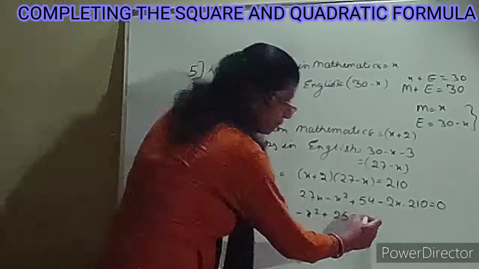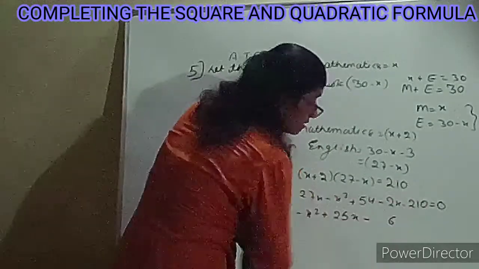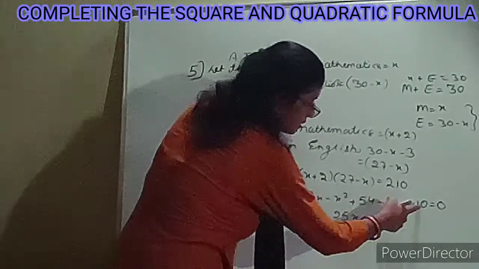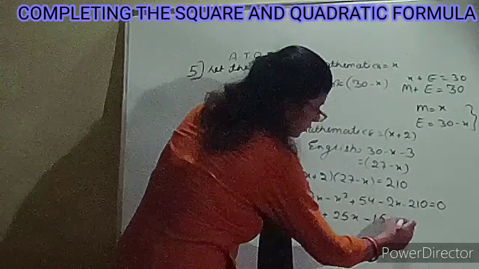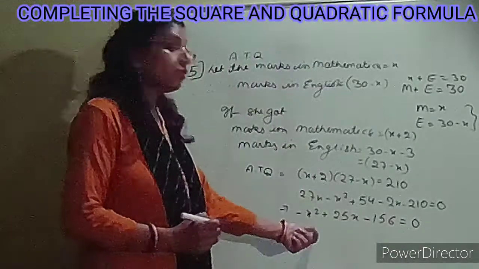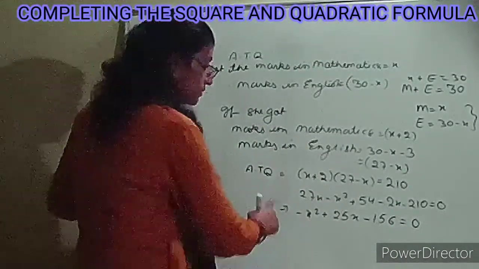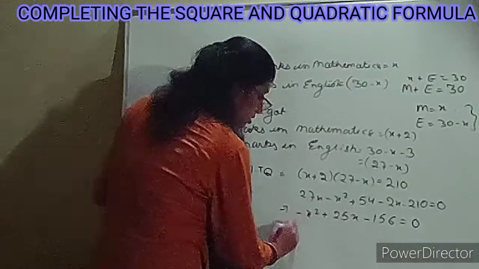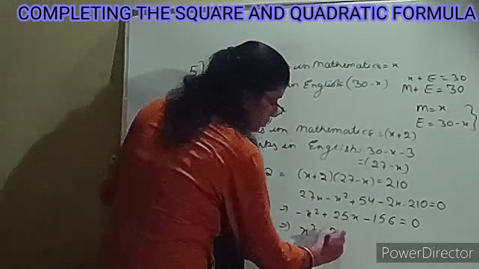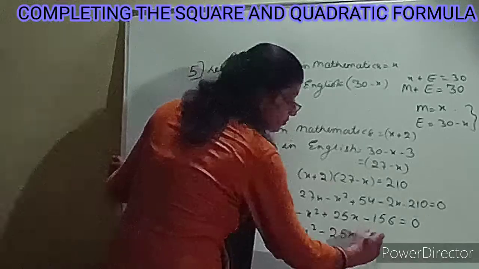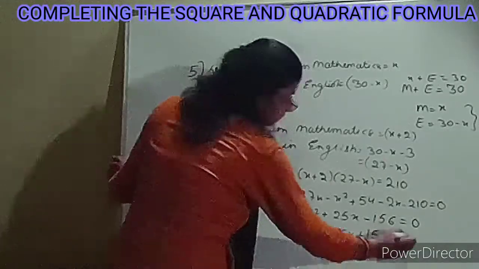You will get minus 156. Here 0 is there, 0 minus 156 is equal to 0. So you got this. I can change this sign because I have to make it positive. I am just changing the sign of the whole equation. So I will get x square minus 25x plus 156 equals to 0.